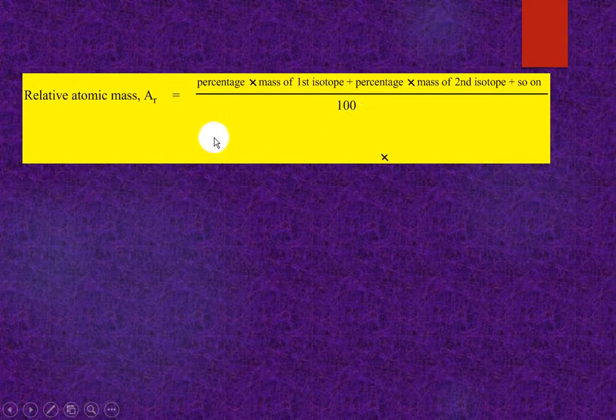Have you understood how we calculate the relative atomic mass?